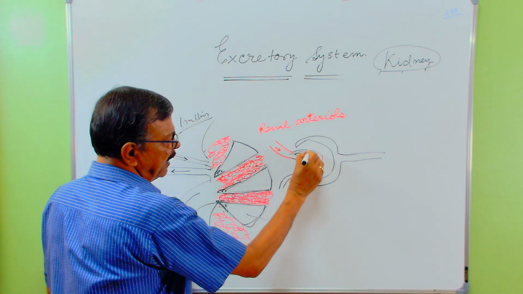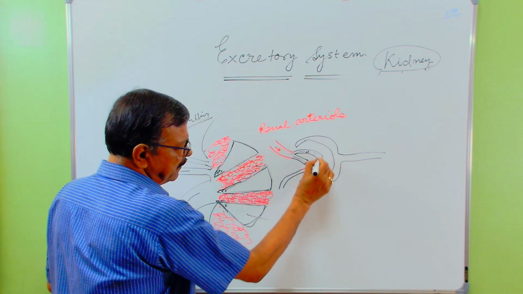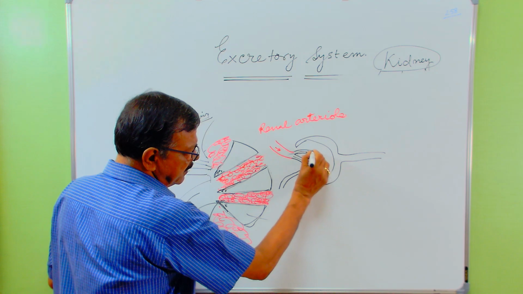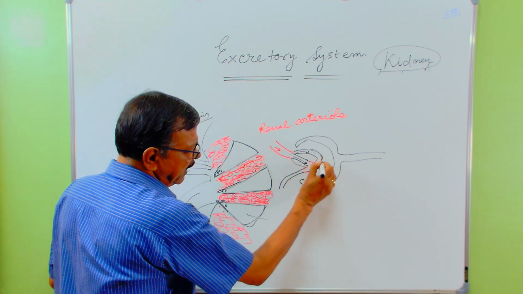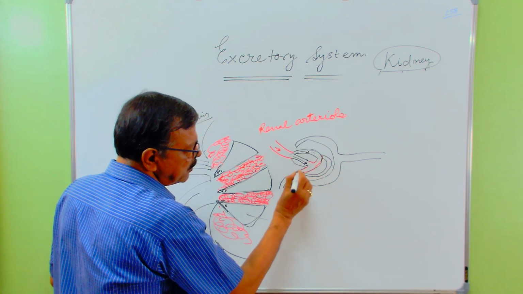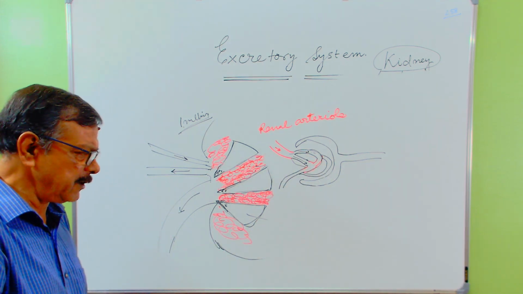So the renal arteriole forms some tuft. This I have made one tuft. This is going here and coming out. It is making one tuft. You can make another tuft like this. So it forms a tuft of arteriole.